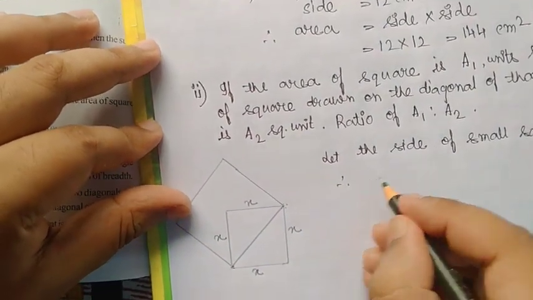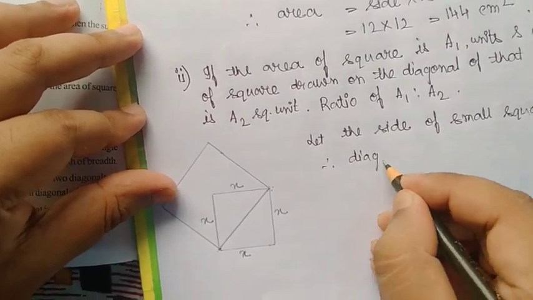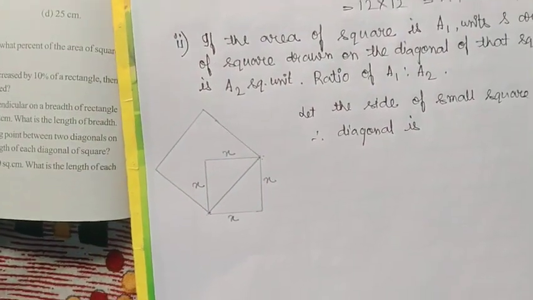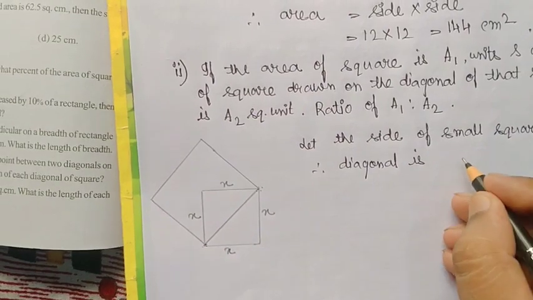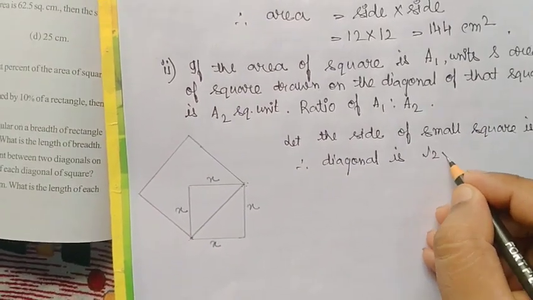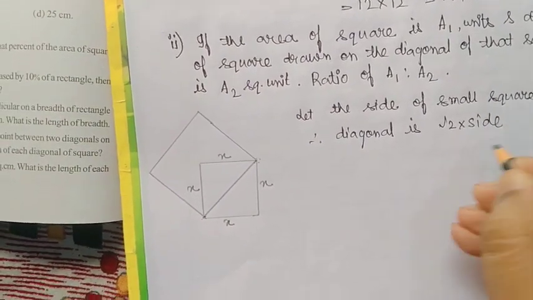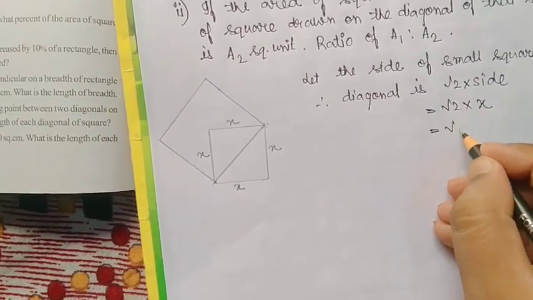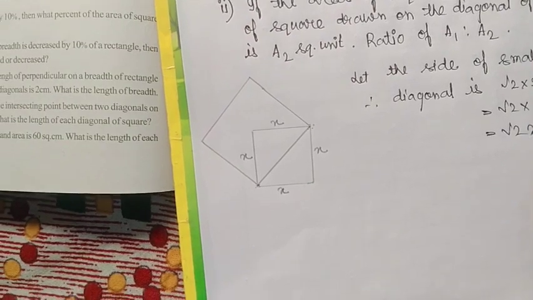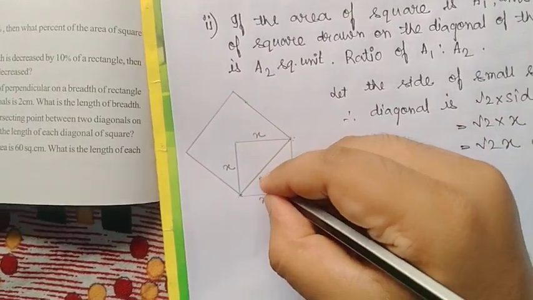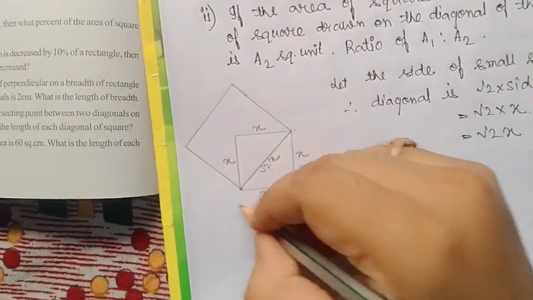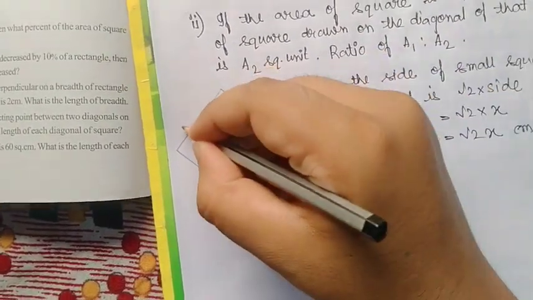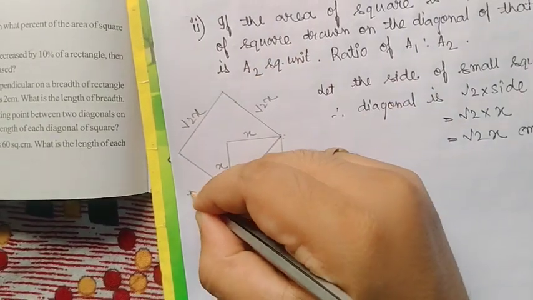So therefore diagonal is root 2 into side, means root 2 into x, root 2x centimeter. So this should be root 2x. So if this is a square, this side is root 2x, this side is also root 2x, this side is also root 2x, and this side is also root 2x.